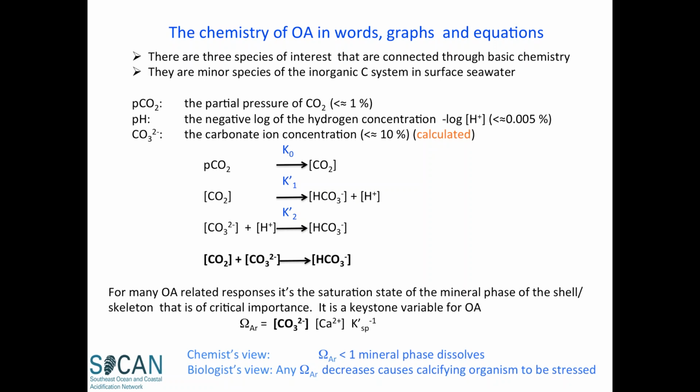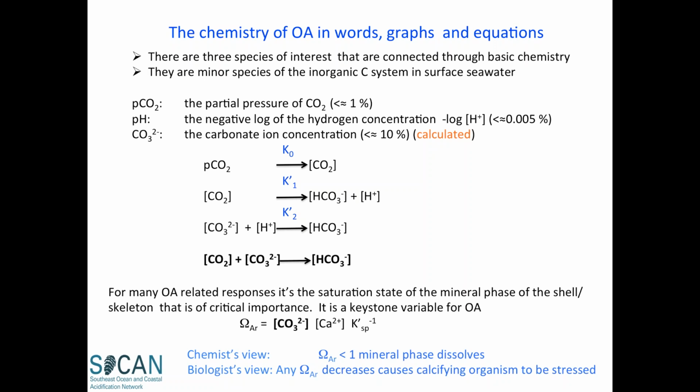The aragonite saturation state, or omega AR, is the product of the carbonate ion, the calcium, and the solubility, and it ends up, I'll show in a minute, that it's the carbonate ion that has a determining influence on the saturation state.